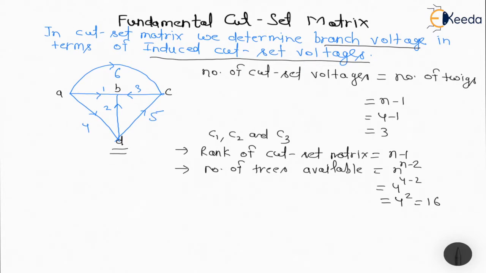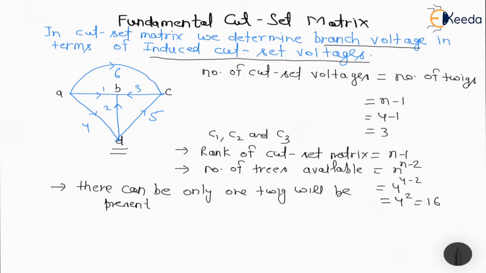Now we are going to write the fundamental cut set matrix. Before writing it, we need to understand a few more points. There can be only one twig present in every cut set.